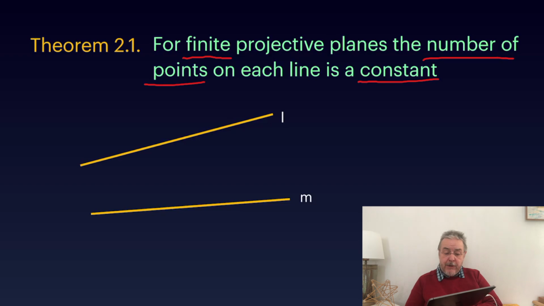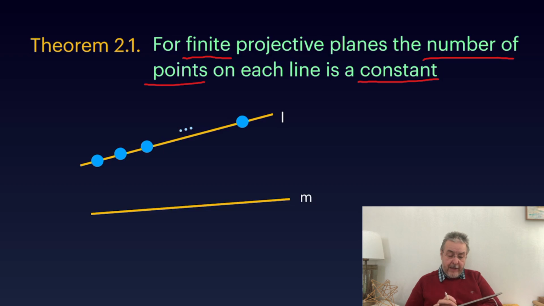So we are going to prove that by, well, comparing the numbers of points on two different lines. So assume we have a line L and a line M, and what we now will prove, as a first step, is that on the line M there are at least as many points as on the line L. So assume that on that line you have a certain number of points, and well, be careful.